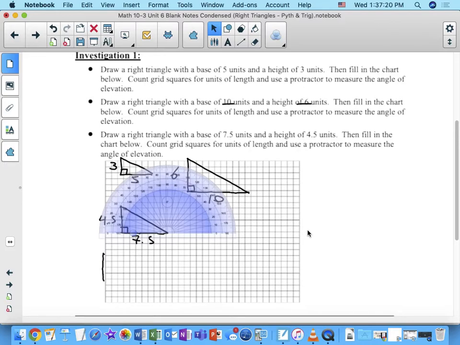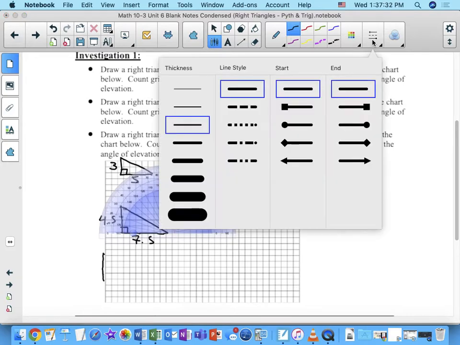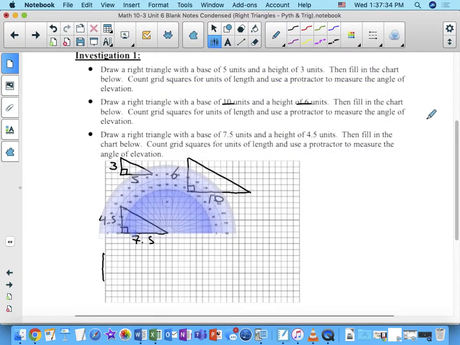Yeah, write the angle in once you get it. You could write it right in here. Whatever it is, you write it right in here for now. And then we'll talk about the chart underneath in a minute. Okay?